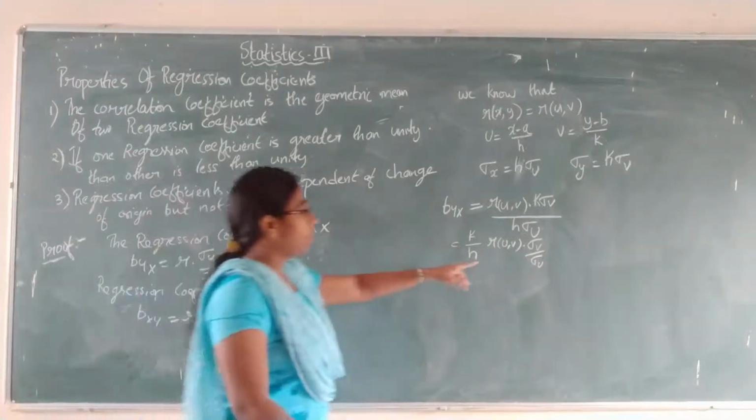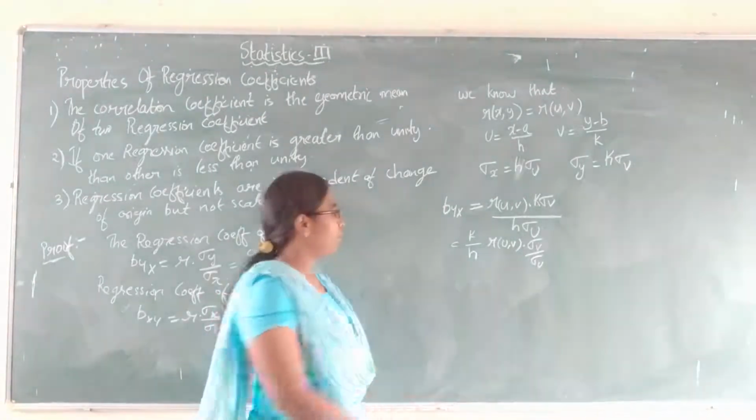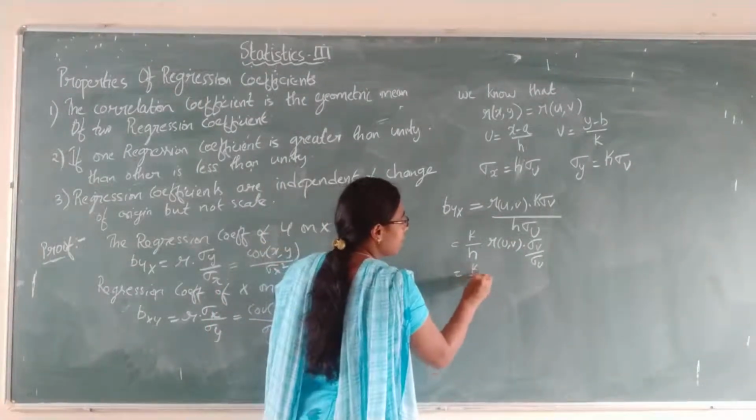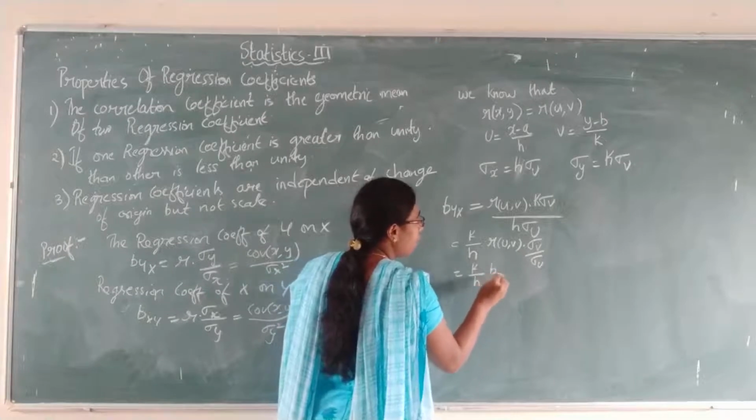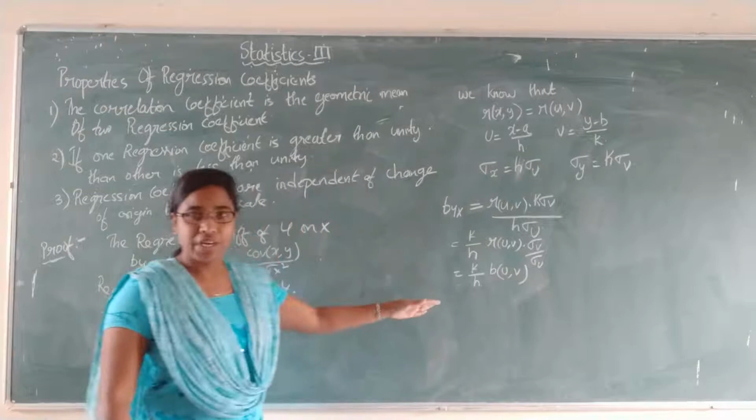So in place of x we have u, in place of y we have v. So this can be written as k by h into b of (u, v).